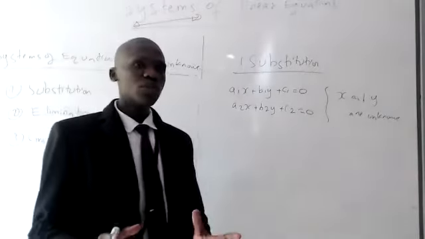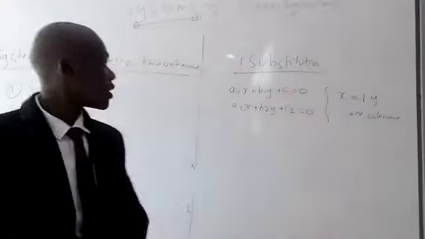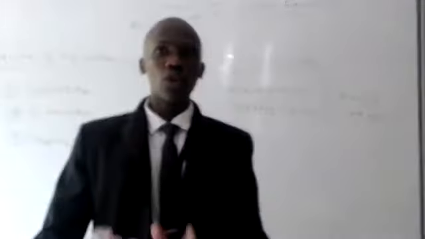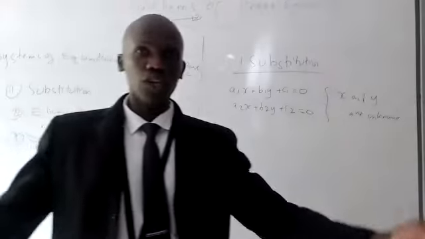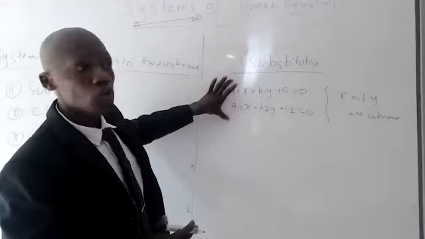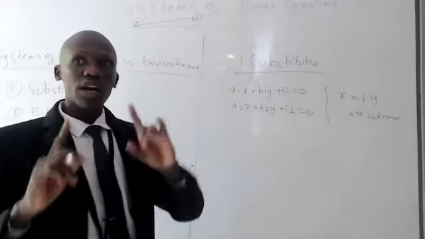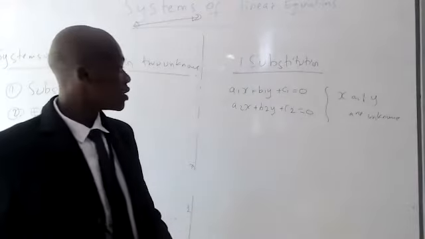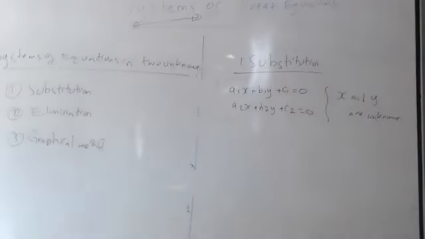Literally, substitution simply means using something in place of the other. So the method of substitution involves writing one of the unknown variables in terms of the other unknown variable, so that you reduce a system of equations in two unknowns to just solving an equation in one unknown, a linear equation, which is pretty simple, something we did before.